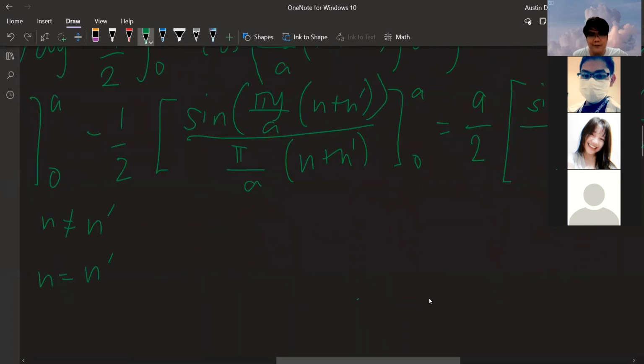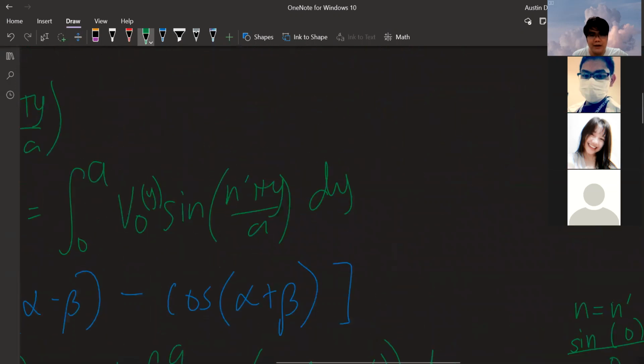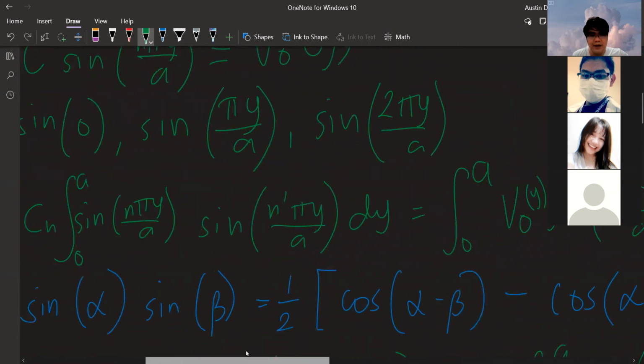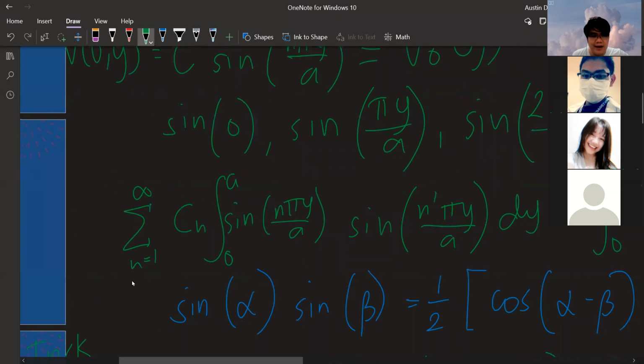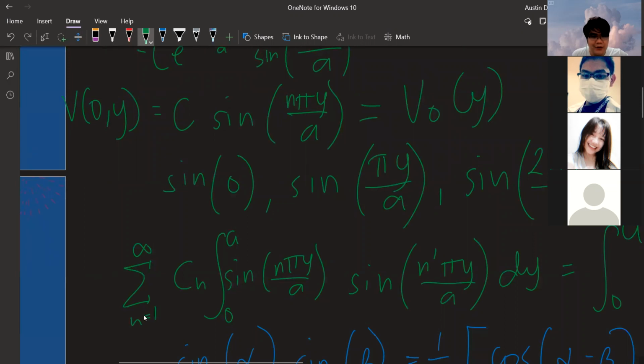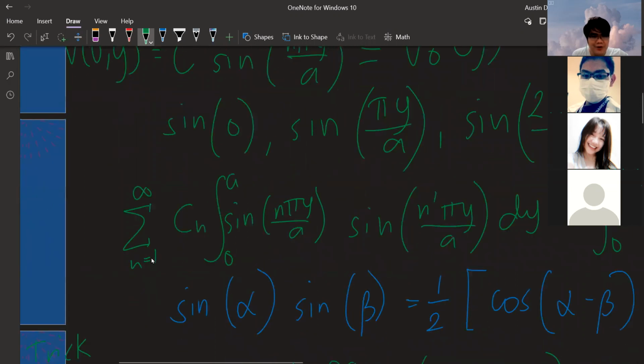So going back, makikita natin na si n gagalaw siya. Pag ginalaw mo si n, this whole integral just zeroes out unless n will be pointing out to n prime, kapag equal na lang sila.